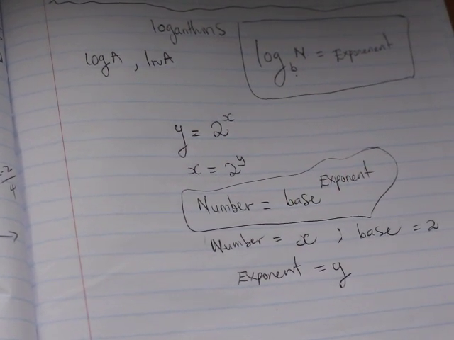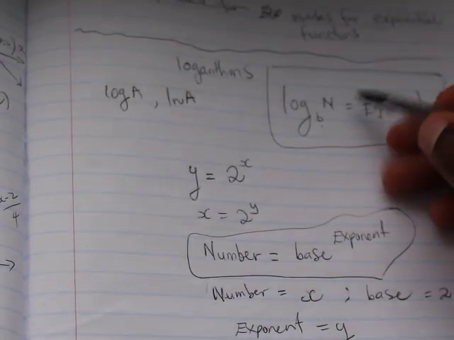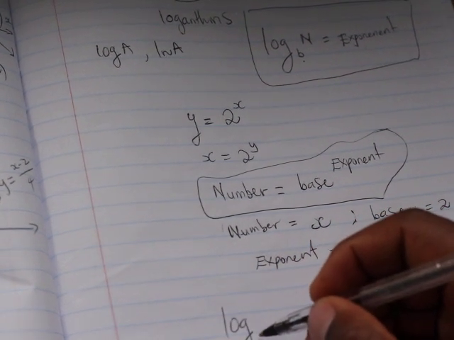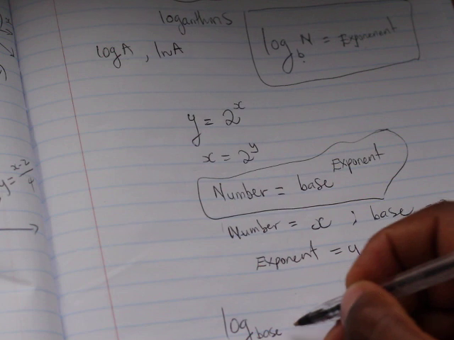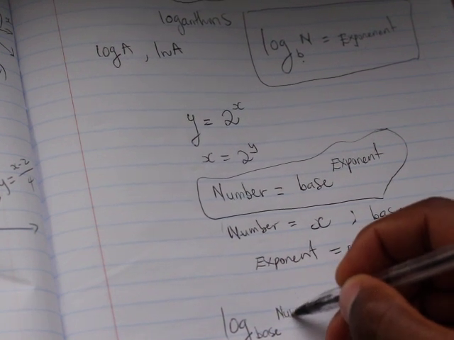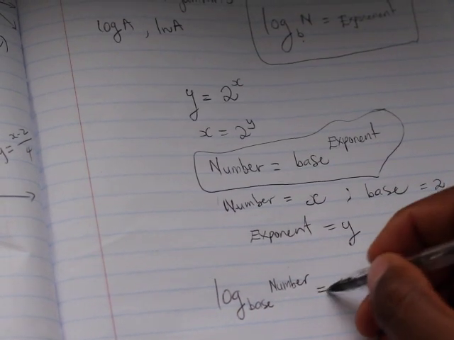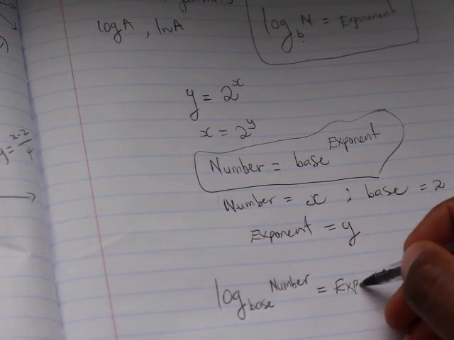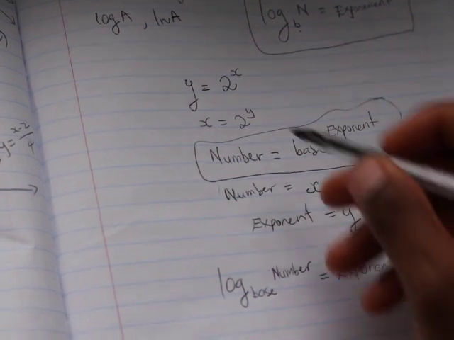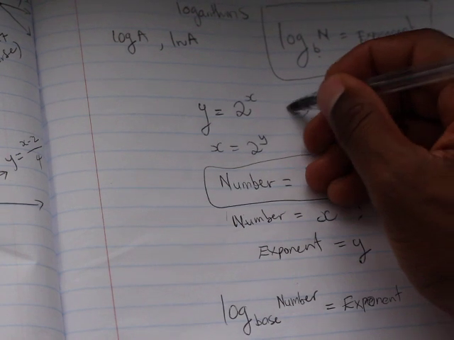So the rules of logarithms, the thing that we wrote over there. It says, okay, the logarithm of a base, and then the number, must be equal to the exponent. So meaning that if you've got a situation like that, this can be rewritten as what?